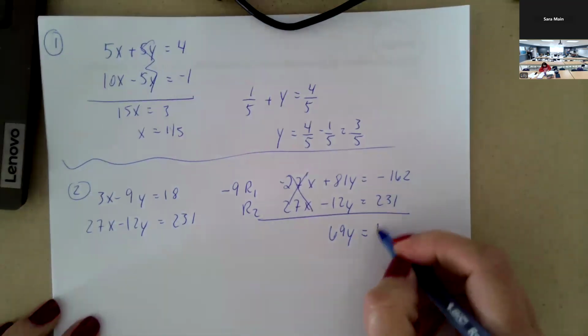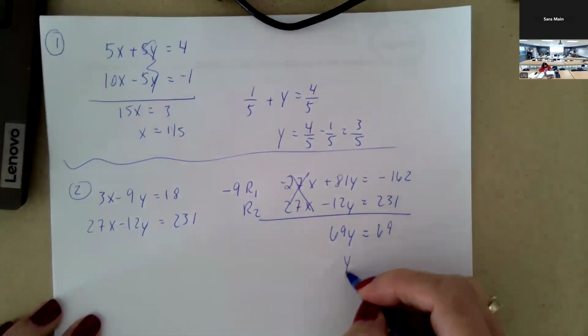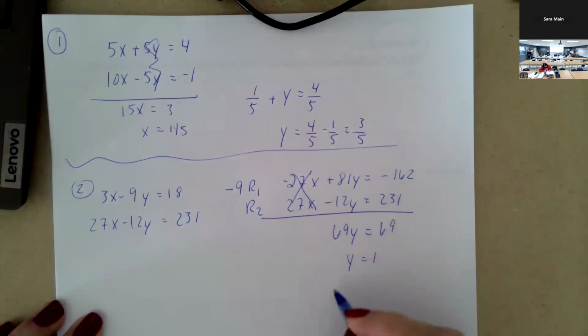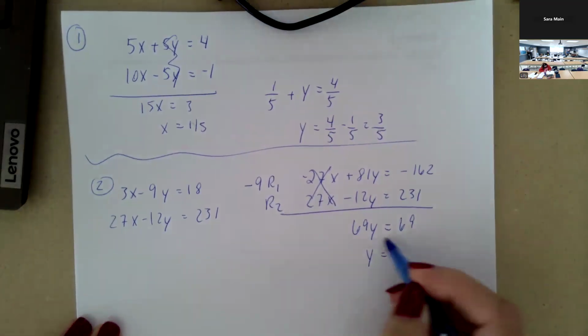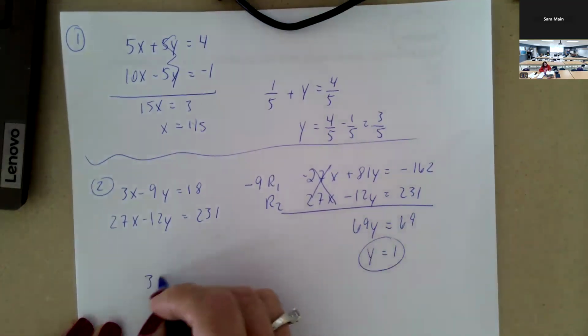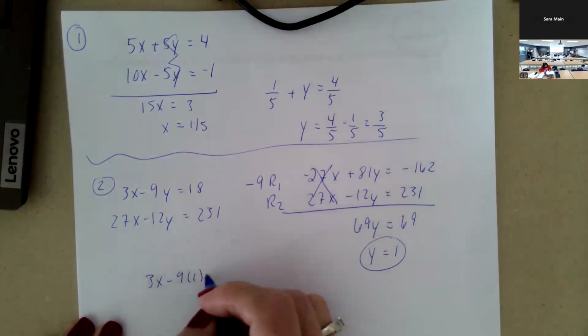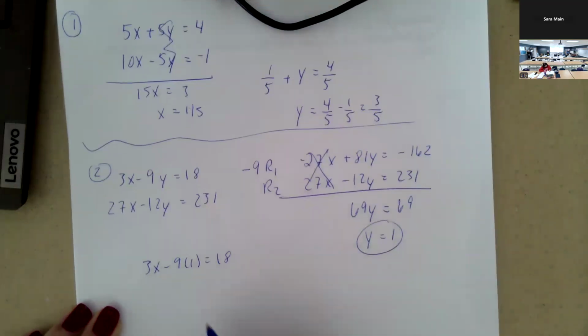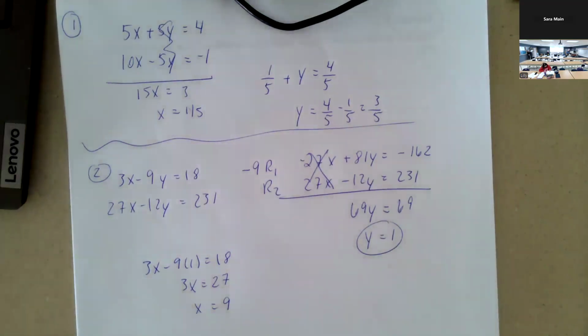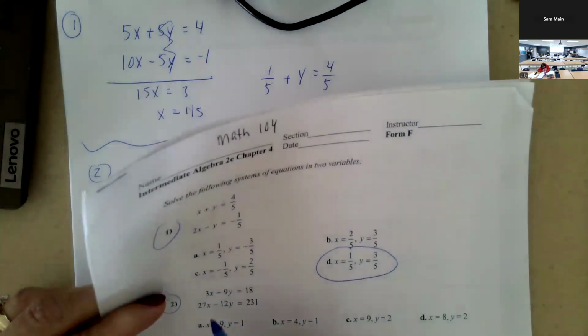Well, that worked out. That's also 69. So when we divide by 69, we get y equals 1. And so 3x minus 9 times 1 equals 18. If I add 9 to both sides, I get 3x equals 27, so x equals 9. And that means A is the correct answer.